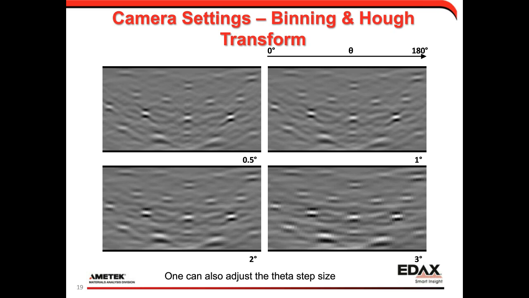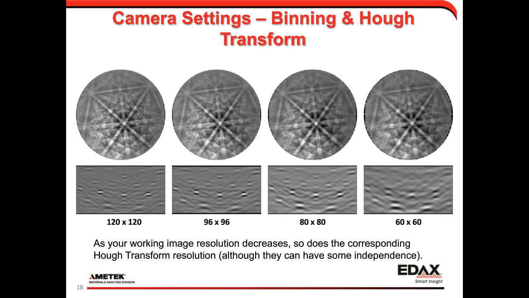I have another question of what does 120 by 120 binning represent? In this previous slide, this is just the actual binning of the pattern itself. It's the pixel length of this one. So this one over on top here, this left side, is 120 by 120 pixels. This other one is 60 by 60.